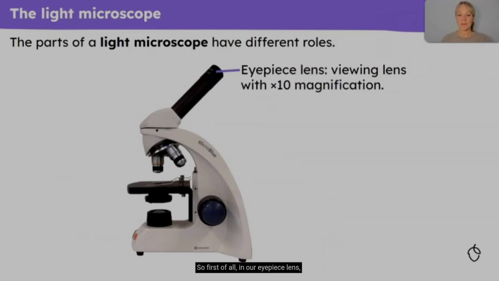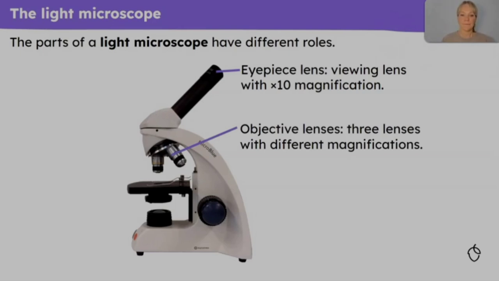So first of all, the eyepiece is the part that we look through, so it's closest to our eye, and that has a lens in it that is usually ×10 magnification. So that means it's making any image appear to be ×10 bigger. Then we've got our objective lenses, and usually there are 3 different lenses of different magnifications.